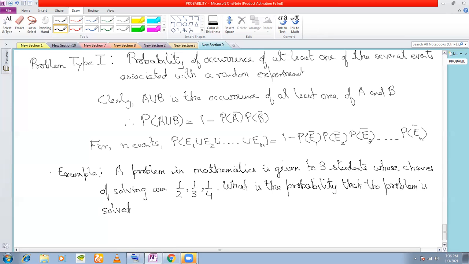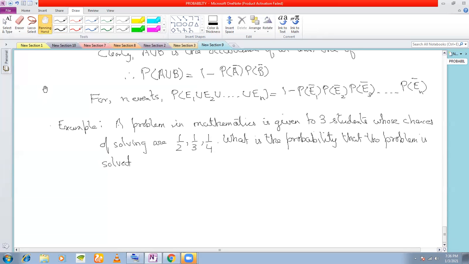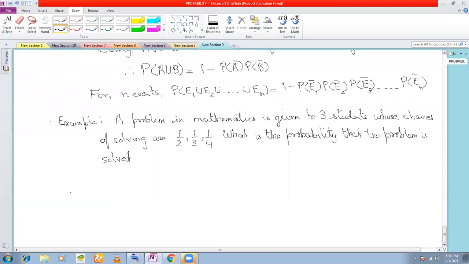Now remember, whenever you are approaching any kind of probability problem from now on, always remember that you have to define the events. You'll have to see the question first. Keep an eye on the question.